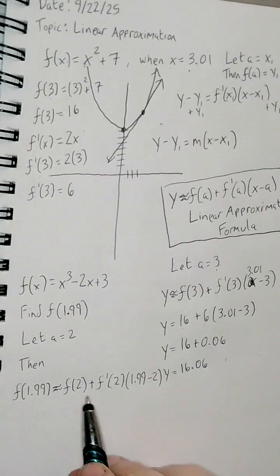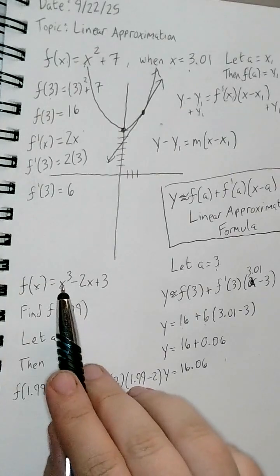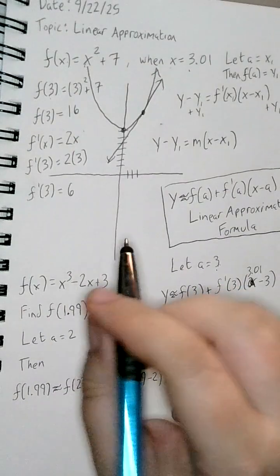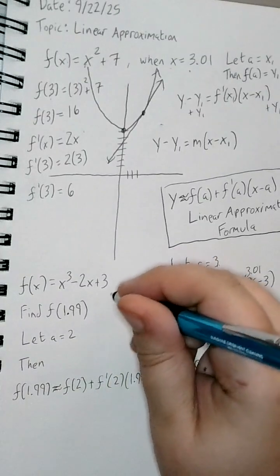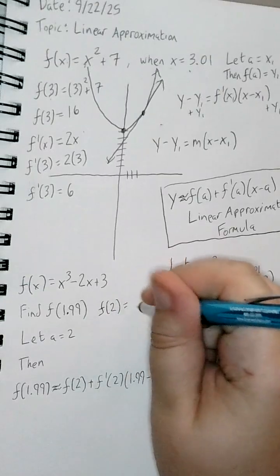So here, first step, I'm going to take 2 and plug it in everywhere I see an x. So, f of 2 is going to equal what?